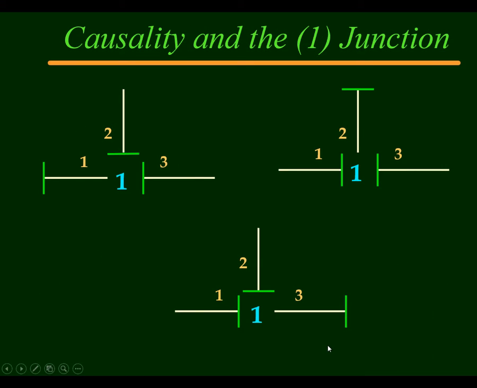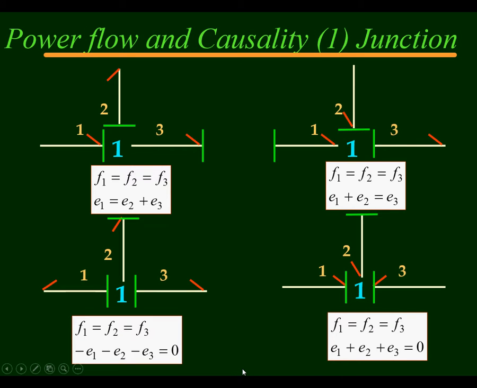Different possibilities for the one junction. One junction has only one flow in. All the others flow out. Can only have one flow in. In here, there are the same cases as we presented for the zero junction, but for the flow, in this case, all flows are the same, but the efforts will add up, will sum.